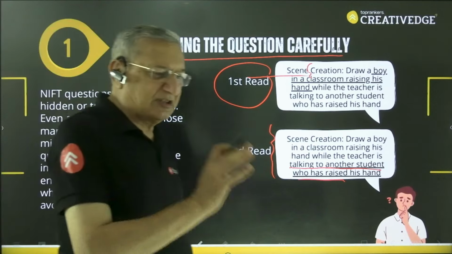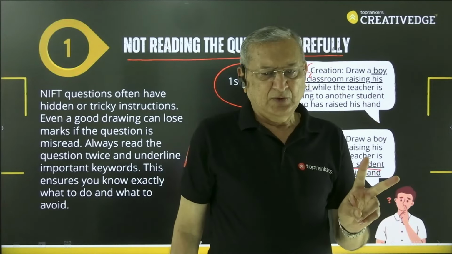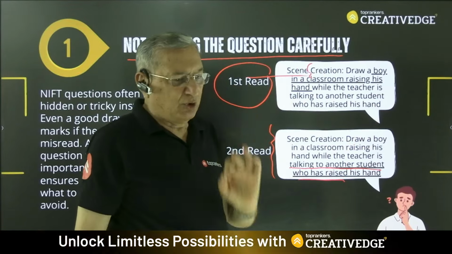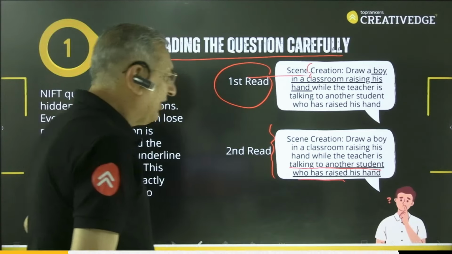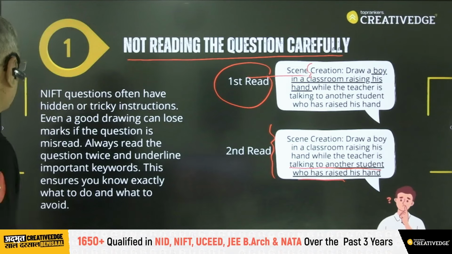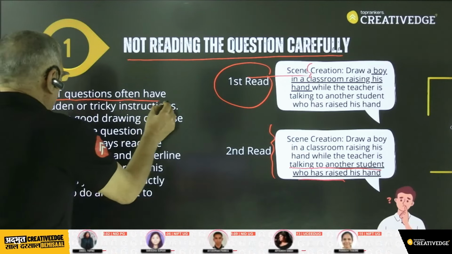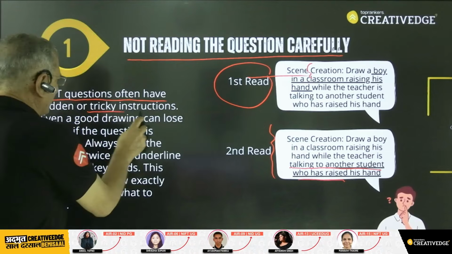So what I will suggest is that you read the question twice. Don't think that you are wasting any time. You are avoiding any grave mistake as far as the reading of the question is concerned. Because NIFT questions often have hidden or tricky instructions.